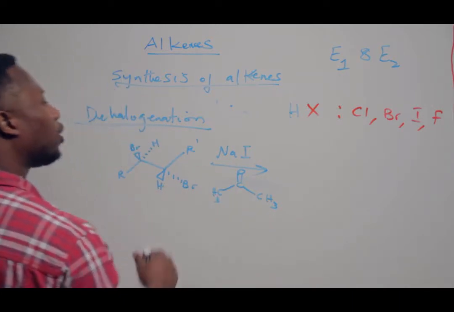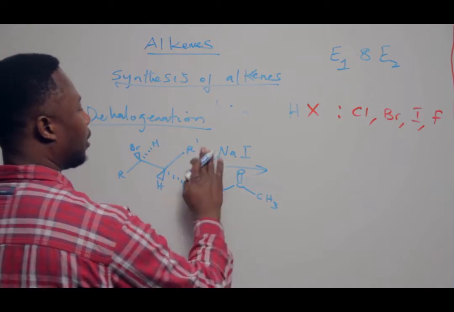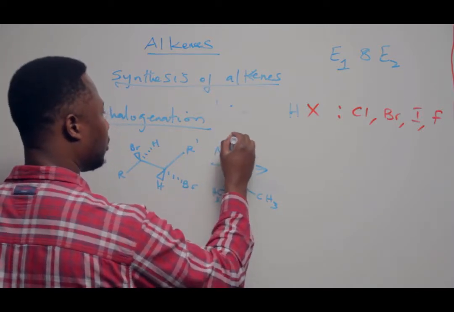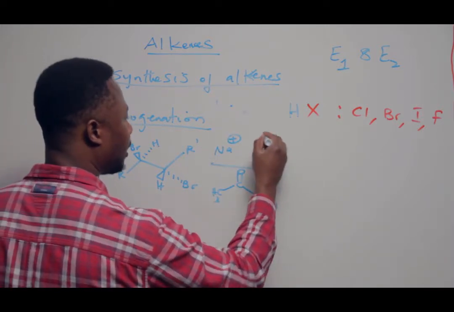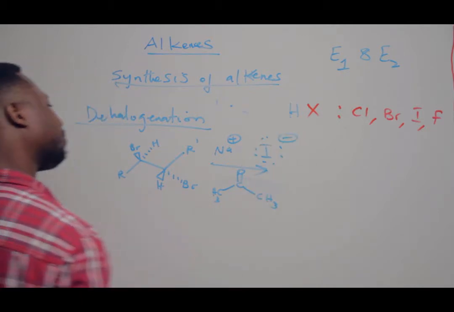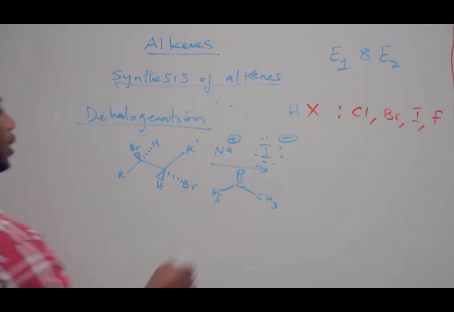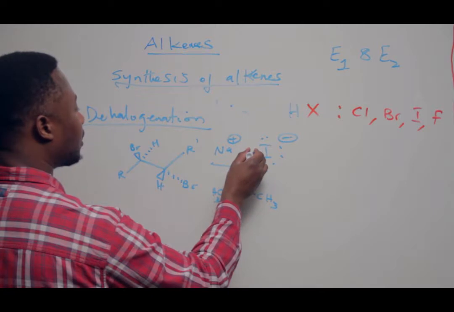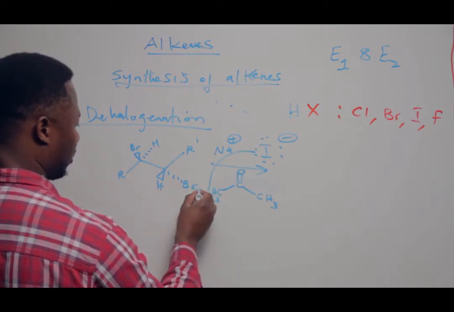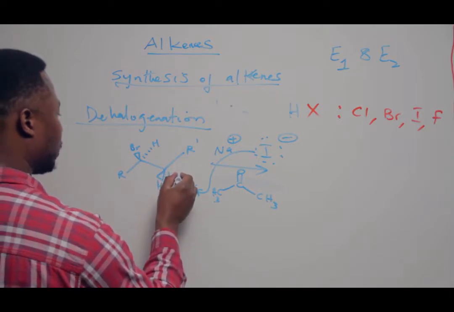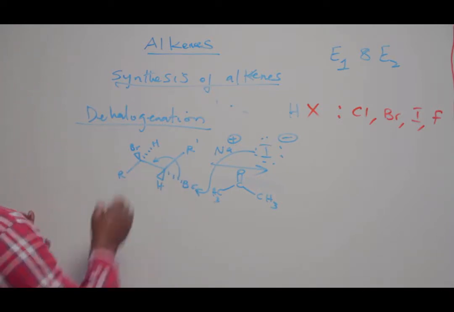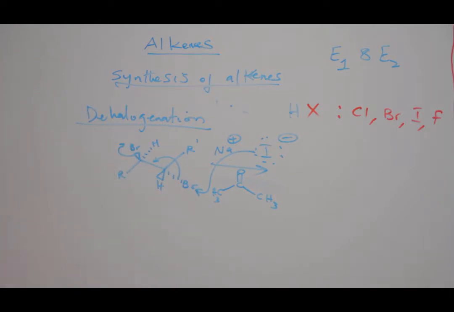Let's look at the mechanism. Again, break this apart: sodium and iodide ion. Here you have the iodide attacking one of the bromines. So let's say it's attacking this one. This one is going here, and that one is leaving.